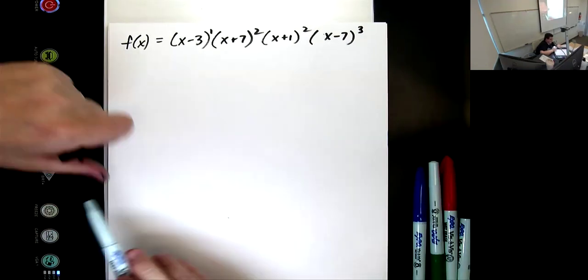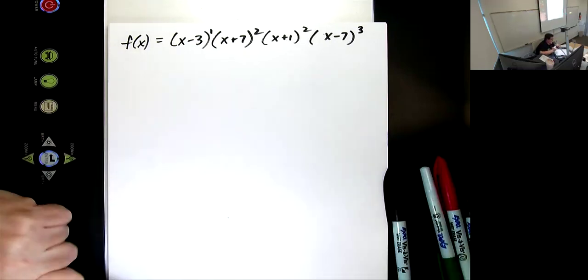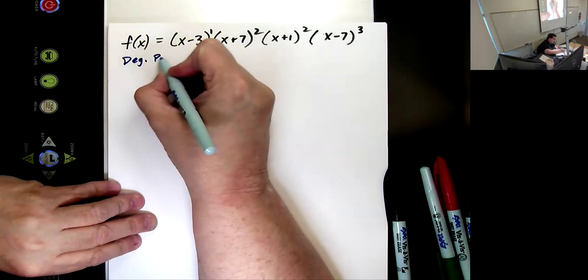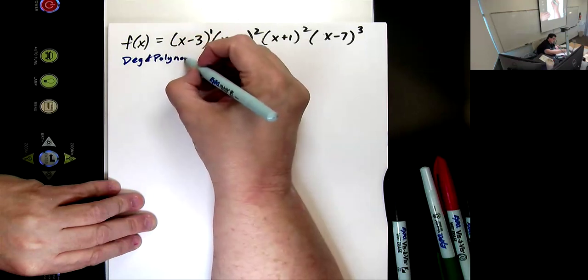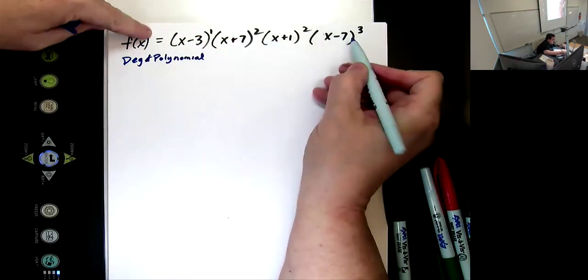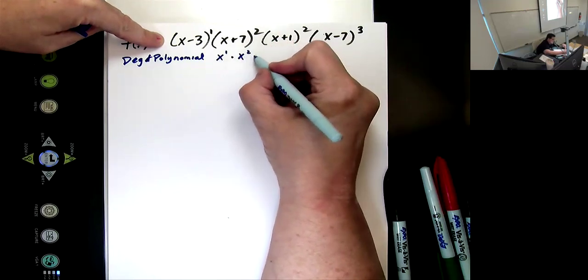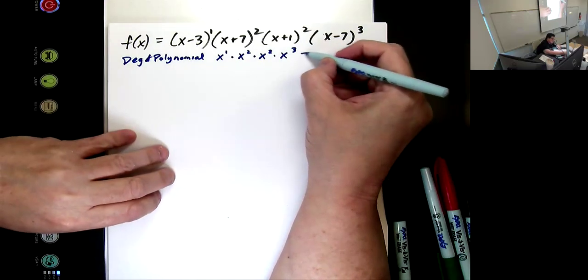All right, so what degree polynomial is this? Finding the degree of the polynomial is actually pretty easy. Just look at the x's and their exponents. X to the first times x squared times x squared times x cubed.